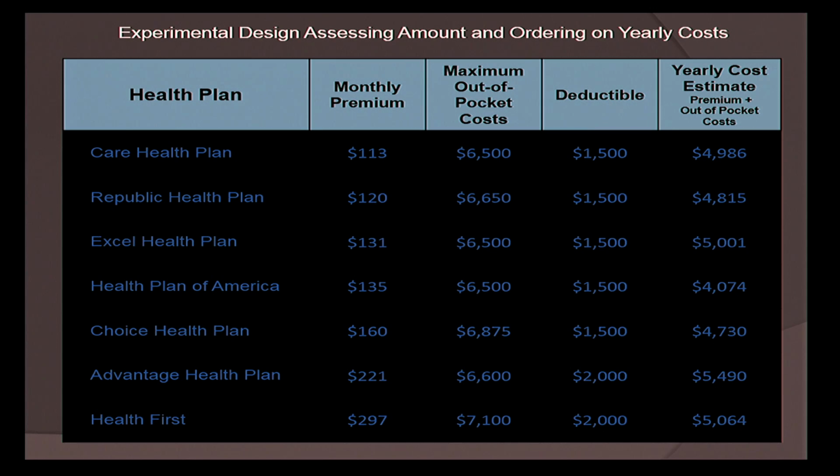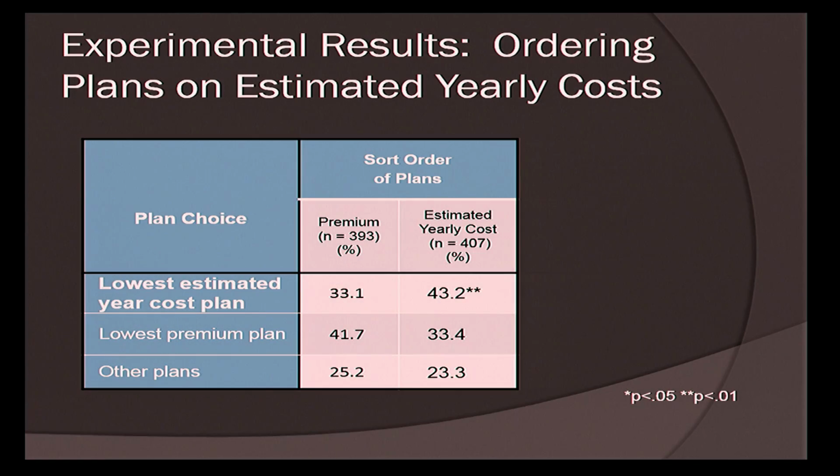Pretty complicated, but simply ordering them on estimated yearly costs increased the number of people who made that choice based not just on premium, but on their estimated costs. So it was kind of a nudge to consider something beyond premium.